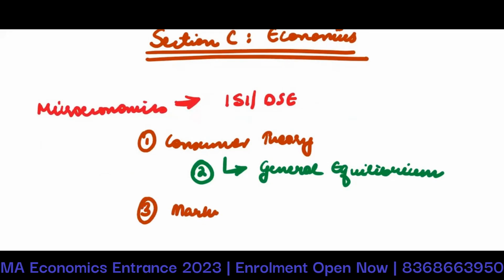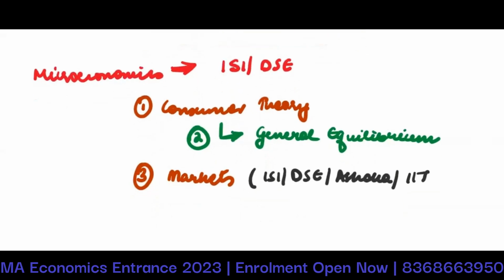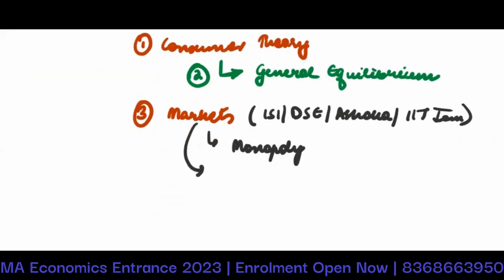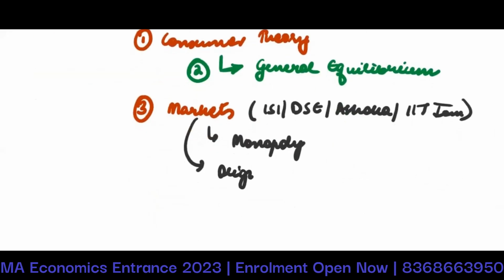markets. Whether it is ISI, DSC, Ashoka, or IIT JAM, all of these will ask you at least one question related to monopoly, related to oligopoly, in which they will ask you Bertrand model, Stackelberg, they'll ask you what is your Cournot model, right?